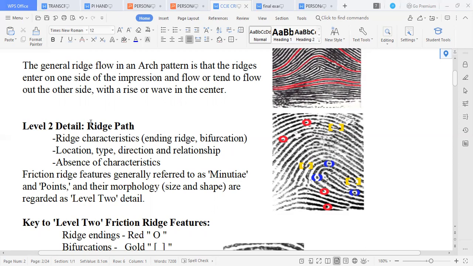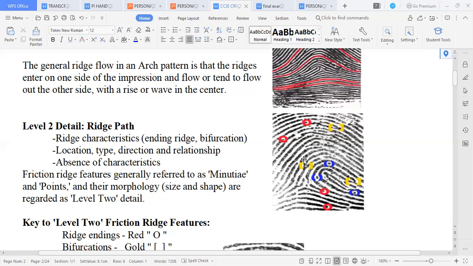Let us also consider in level 2 the location of ridge characteristics. Where is the location of these ridge characteristics? Is it the same as the location that you identified in the question and the standard? Is the location of the bifurcation that you saw in the question print the same as in the standard print? Is the location of the ending ridge that you saw in the question the same as in the standard print?